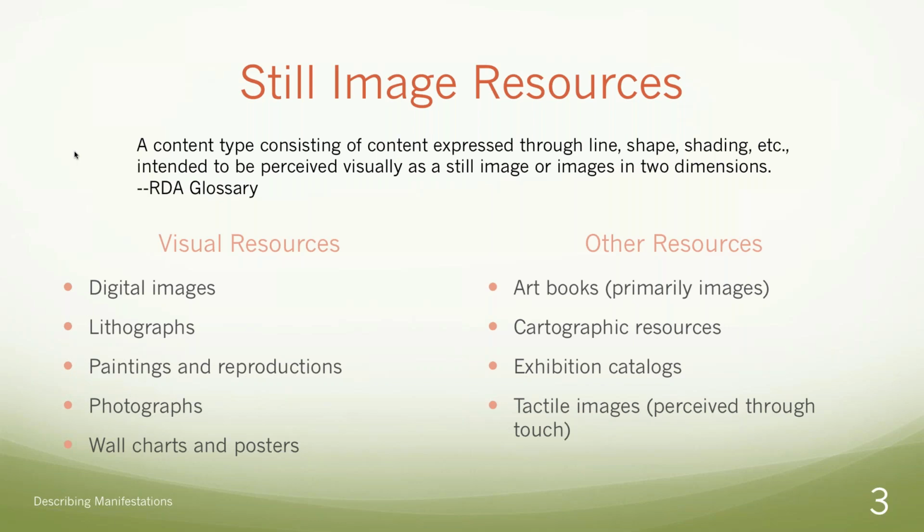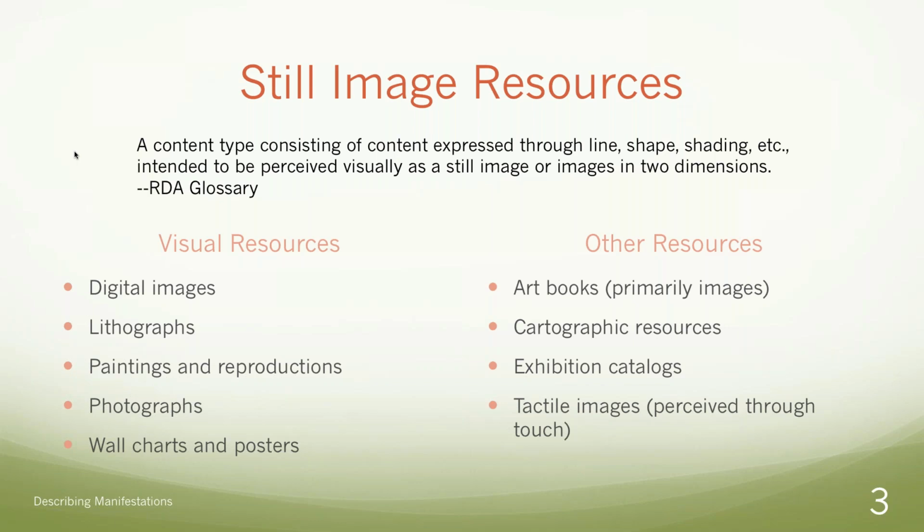Then there are plenty of other resources that can also have or be primarily still images, as well as other types of content. So a resource can have multiple content types. Art books that are primarily images are a really good example, as are exhibition catalogs.